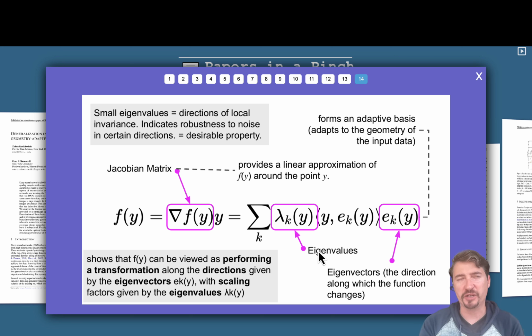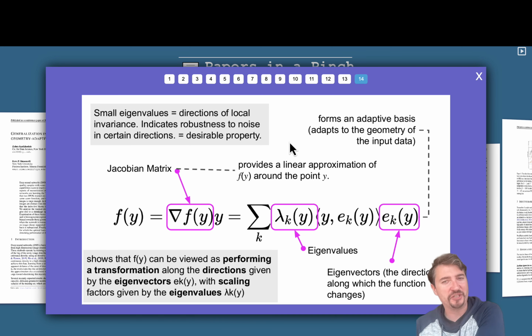The eigenvalues are going to be how things are scaled along those directions. Okay, and this forms what they call an adaptive basis. So like any function in machine learning, you can think of as being formed, if you want, of individual smaller functions, right, that are trying to capture the dynamics of the system. And we talked about that a little bit in the last episode. And if you bunch all those together, then you get the full function, right?